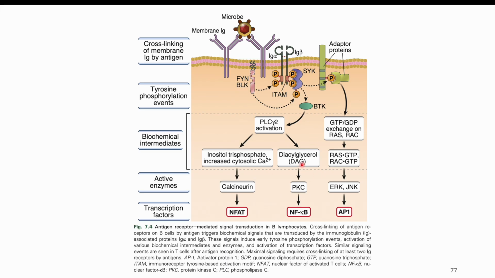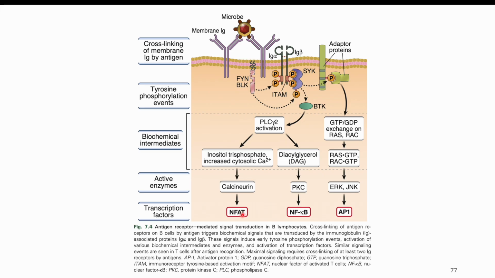There are a lot of abbreviations used. For example, the transcription factor AP1 is called activator protein 1. GDP is guanosine diphosphate, GTP is guanosine triphosphate. ITAM, which you can see is a membrane receptor, is basically immunoreceptor tyrosine based activation motif.